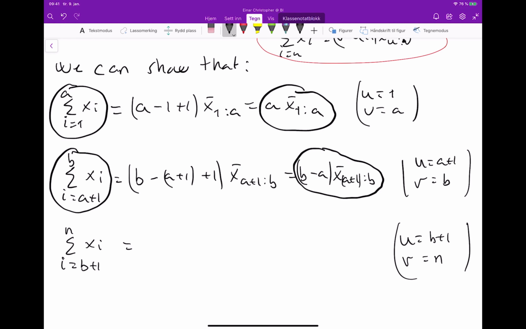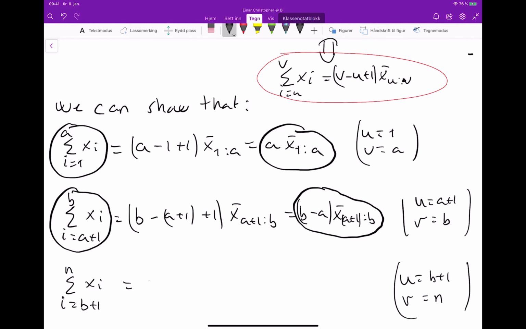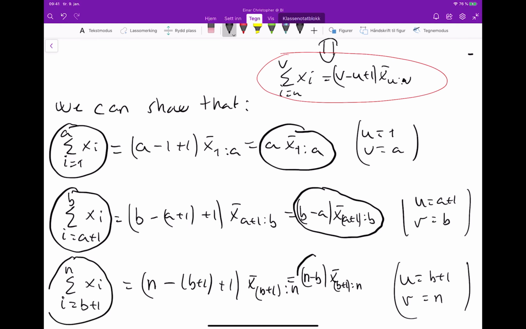So then we get v, which is n, minus u, which is b plus 1, watch out, plus 1, x bar b plus 1 colon n, which is equal to, because the 1's cancel out, n minus b times x bar b plus 1 colon n, like this. So, in other words, this one is equal to this one.